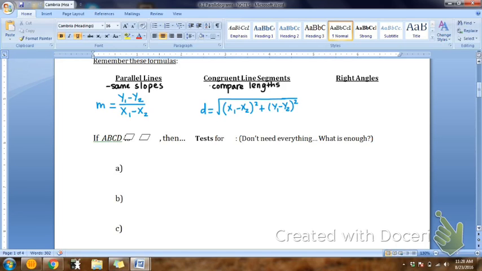Okay, and then if they ask me to determine if something is a right angle, which we're going to need to do, okay, if something is a right angle, remember right angles are perpendicular. So we're going to say the slopes are perpendicular. And how do you know if two lines are perpendicular? What do you know about their slopes?